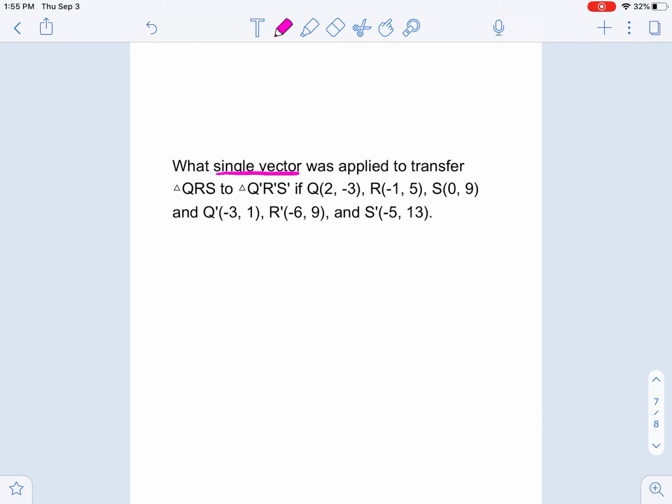So once again, it says single vector. So I want my answer to be a vector. So I'm going to start off by going like this to get myself set up for success here. Okay, so I'm going to compare Q to Q prime. And I'm going to say, how could I get Q to fall onto Q prime? I can then check my answer with R and S.